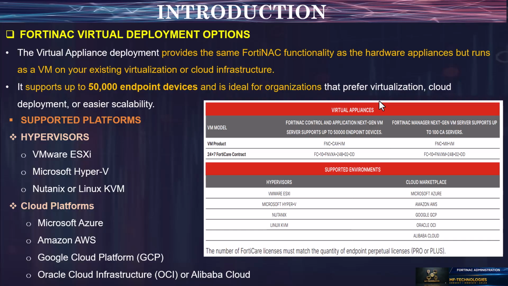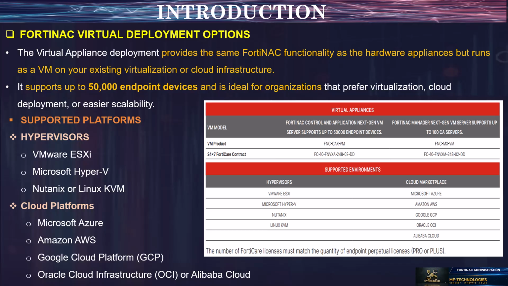The major difference is that the software runs on your existing virtualization infrastructure rather than on dedicated Fortinet hardware. One of the biggest advantages of virtual deployment is scalability. The virtual appliance supports up to 50,000 endpoint devices, making it suitable for very large environments.